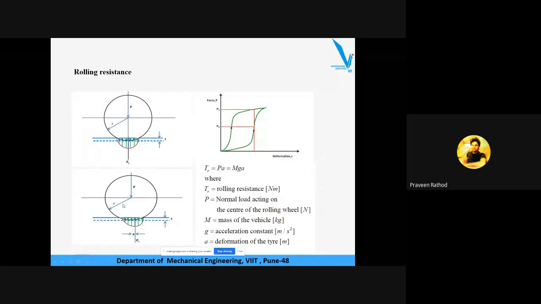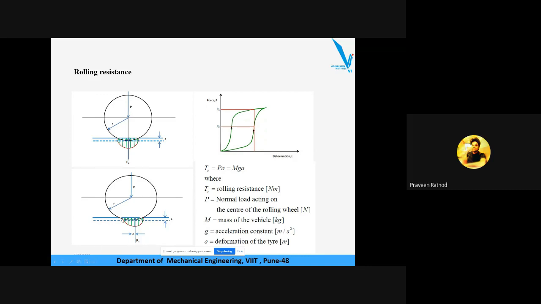When the tire rolls, what happens? The leading half of the contact area is loading and the trailing half is unloading. This one is the trailing half and this one is the leading half.